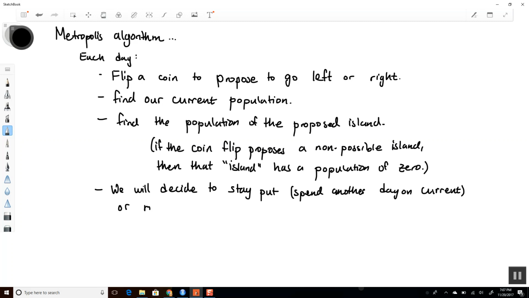Which is, if the proposed population is greater than the current population, definitely go.